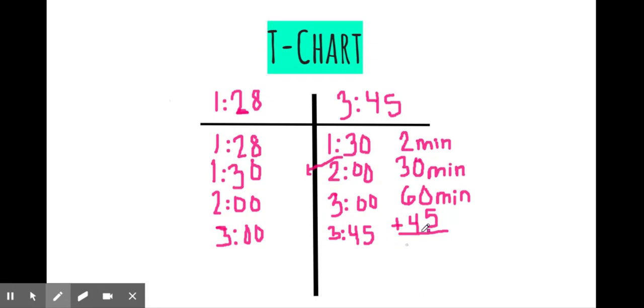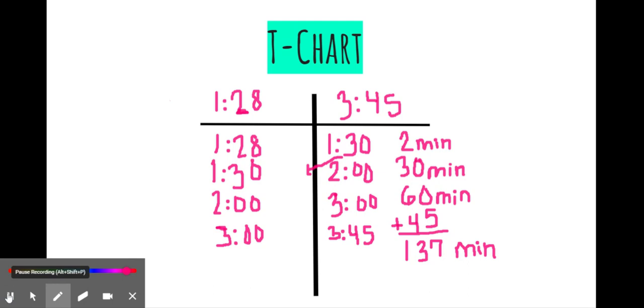Now we're going to add up all of these times. This gives us 137 minutes. Now we need to convert this to hours. There are 60 minutes in 1 hour, and 2 full hours in 137 minutes.